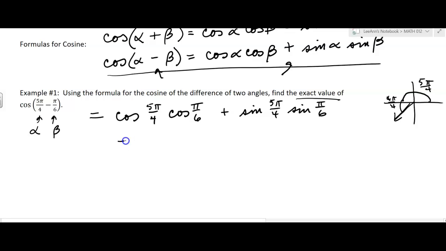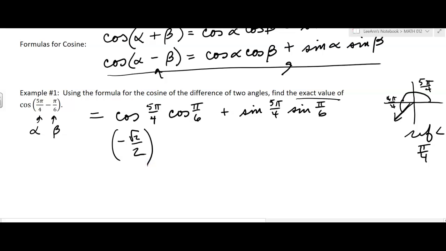So I'm going to have a negative number here. And it's a special angle, right? The reference angle here is pi over 4, or if you want to think 45 degrees. Well, what's the cosine of a 45 degree angle? Square root of 2 over 2. So we get that. Now that's a value. The cosine of 5 pi over 4 is negative square root 2 over 2. You could get that from your unit circle. You could get it from a chart, but that's what it is. Okay, I think I'll put that in parentheses.